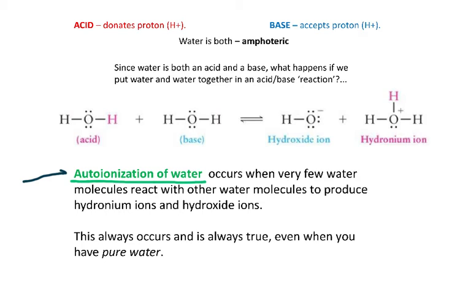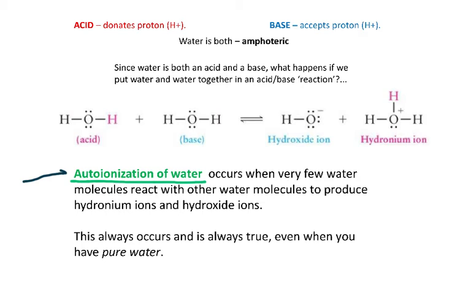So very few water molecules react with other water molecules to produce hydronium ions and hydroxide ions. This always occurs and is always true no matter what. Now, like it says, very few. There's actually an equilibrium expression for this. See the equilibrium sign? Remember we had equilibrium constants?